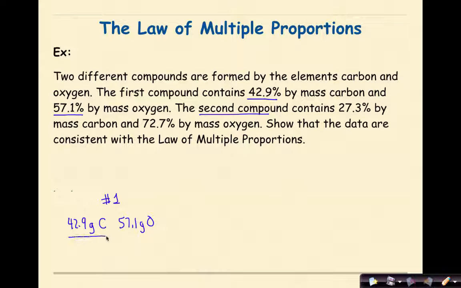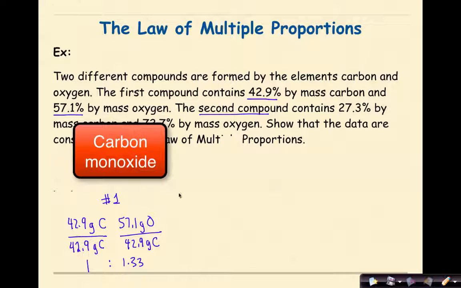So I'm going to divide this by itself, 42.9 grams of carbon, and I'm going to divide this one by 42.9 grams of carbon. And when I do this, the ratio I get here is 1 to 1.33. And this should look very familiar to a previous example that we did dealing with carbon monoxide. So this ratio of 1 to 1.33 says to us, hey, we're dealing with carbon monoxide.